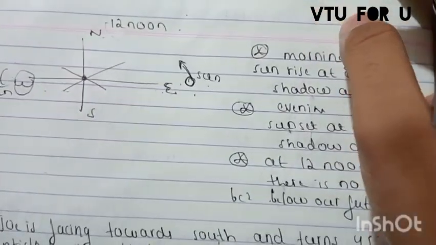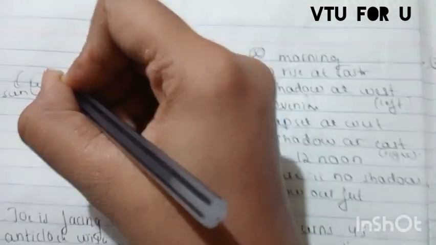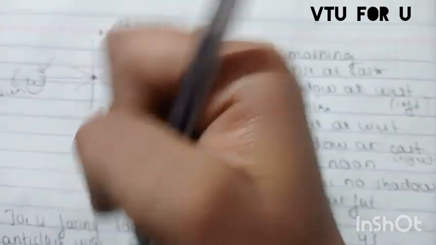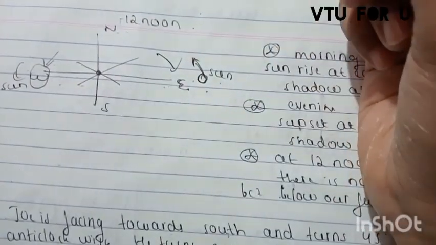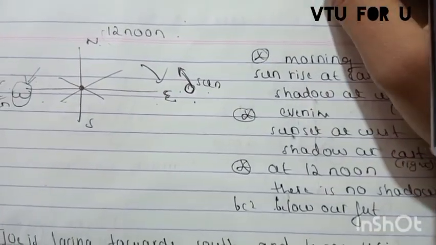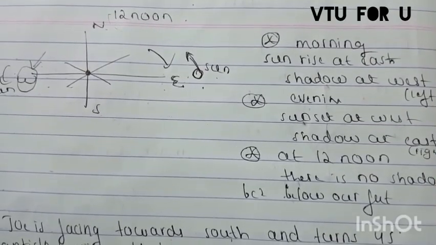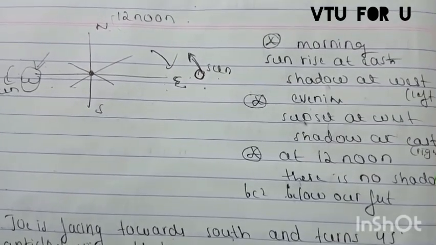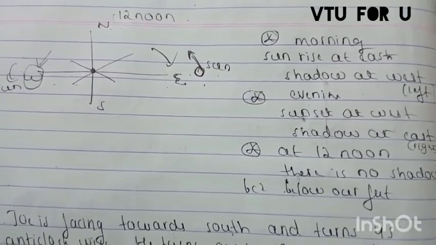Please remember, when the sun rises in the east, its shadow falls on the west. As we all know, sunset happens at the west, but its shadow will be falling on the east side. Once again, the sun rises in the east, and the shadow falls at the west; sunset takes place at the west side, but the shadow will be in the east side.